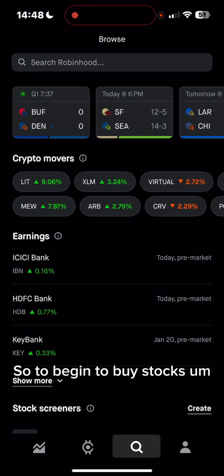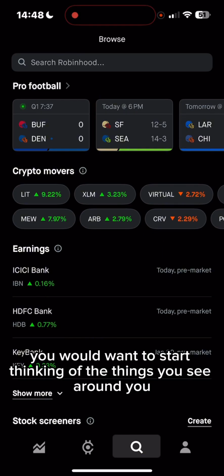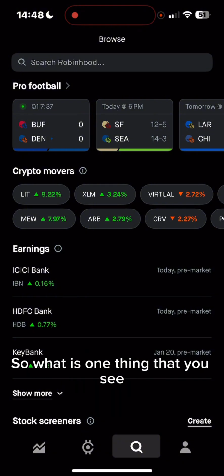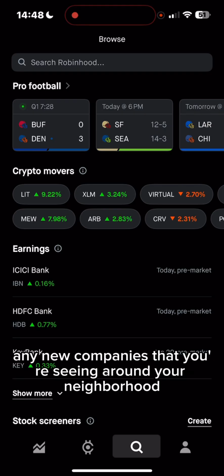To begin to buy stocks in the stock market, you want to start thinking of the things you see around you. What is one thing that you think might be there for a long time, or any new innovations, any new companies that you're seeing around your neighborhood?